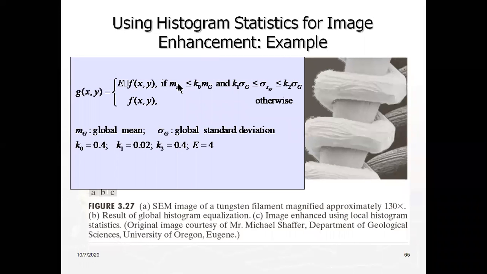Okay, local histogram formulas where Sxy is the local area which we consider, as I said, it might be 5 by 5 out of either 130 by 130 or 256 by 256. So only in that area we take the expectation. In the other area, we just leave it as it is. That is what we have.